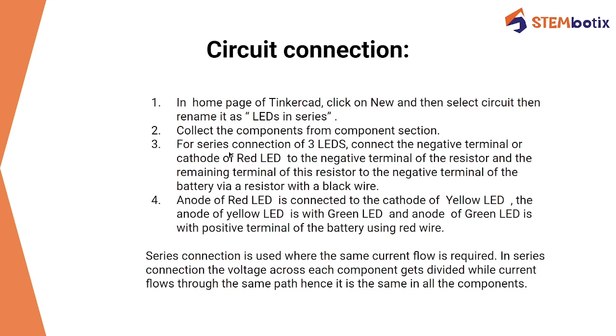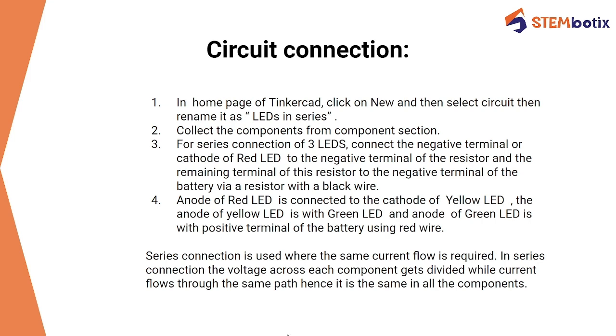Now for the series connection of these three LEDs, connect the negative terminal or cathode of the red LED to the negative rail of the breadboard using a black jumper wire and a resistor, and the remaining terminal of the same resistor to the negative terminal of the breadboard via a black jumper wire.